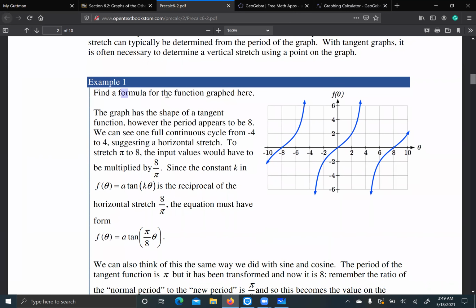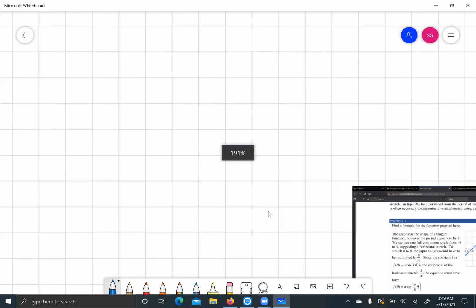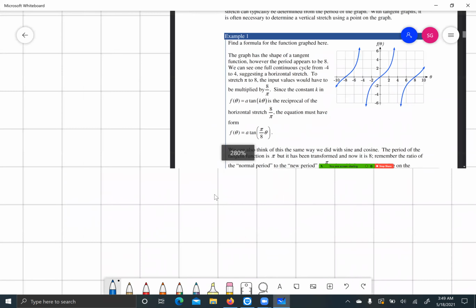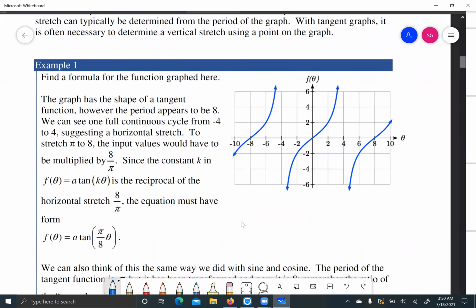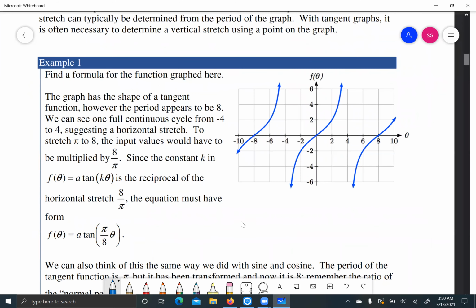Okay, example 1: find the formula for the graph here. So this graph looks like a tangent function, right? I want to write something on the picture. Okay, so here, this is like a tangent function.